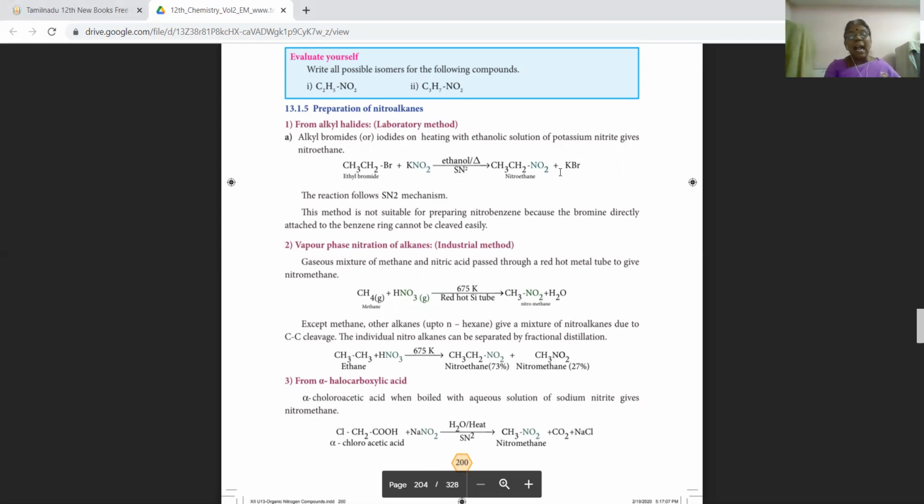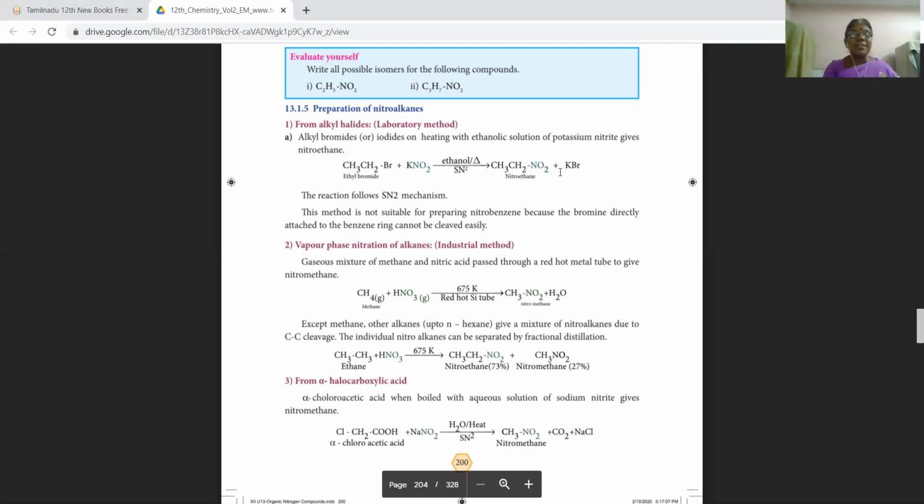Except methane, other alkanes up to n-hexane, which has 6 carbon atoms, give a mixture of nitroalkanes due to carbon-carbon cleavage. The individual nitroalkanes can be separated by fractional distillation.